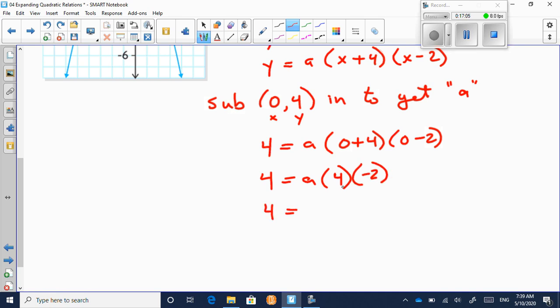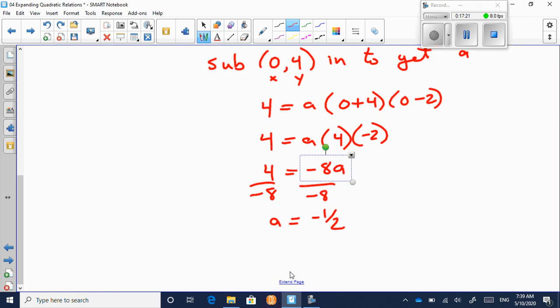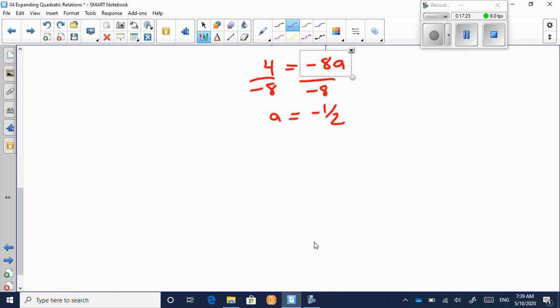So 4 is equal to, well, 4 times -2 is -8, so -8a. And then to get rid of the -8, we divide both sides by -8, and we get a is -1/2.